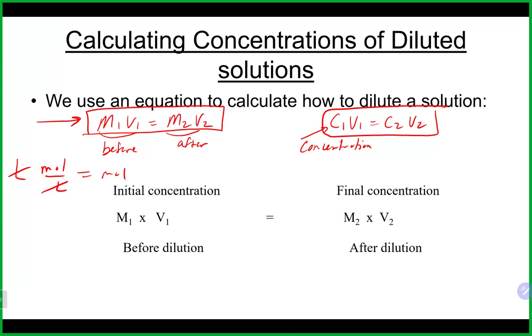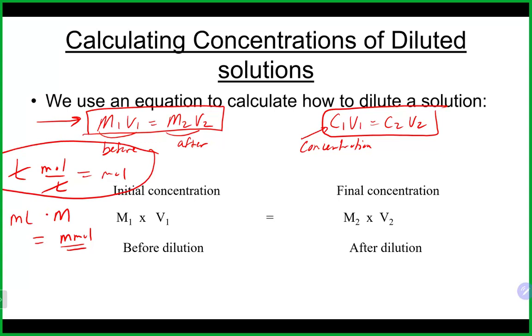Once again, if you take milliliters and multiply by molarity, you do not get moles, you get millimoles, which are a 1,000-fold difference from moles. So if you're using molarity and volume by itself in a non-dilution situation, always liters. Always make sure the volume's in liters.